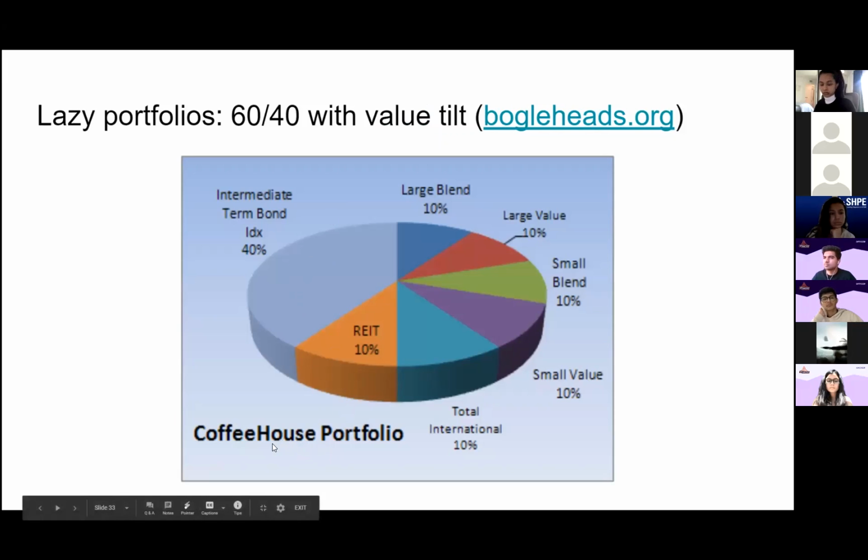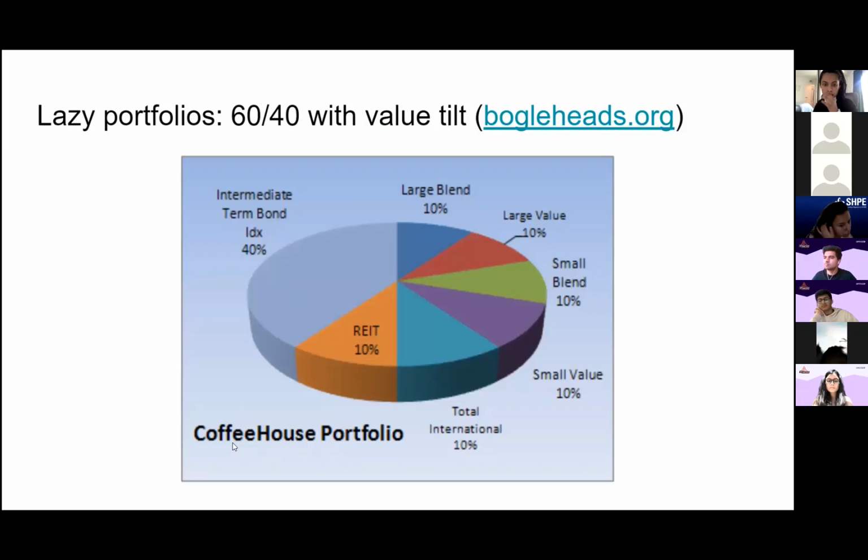But anyway, here's another example. Coffee House. This is a guy, his name is Bill Schultheis. He wrote a book called Coffee House Investor. I think it is because he's from Seattle. Isn't Seattle where they have all the coffee shops? So he wrote a great book called Coffee House Investor, and I recommend all of you who are trying to learn this stuff that you read it.